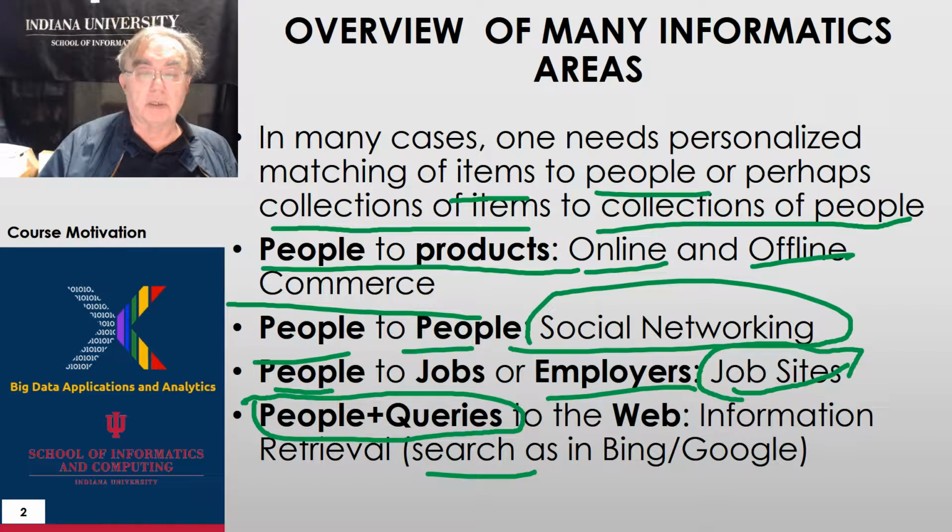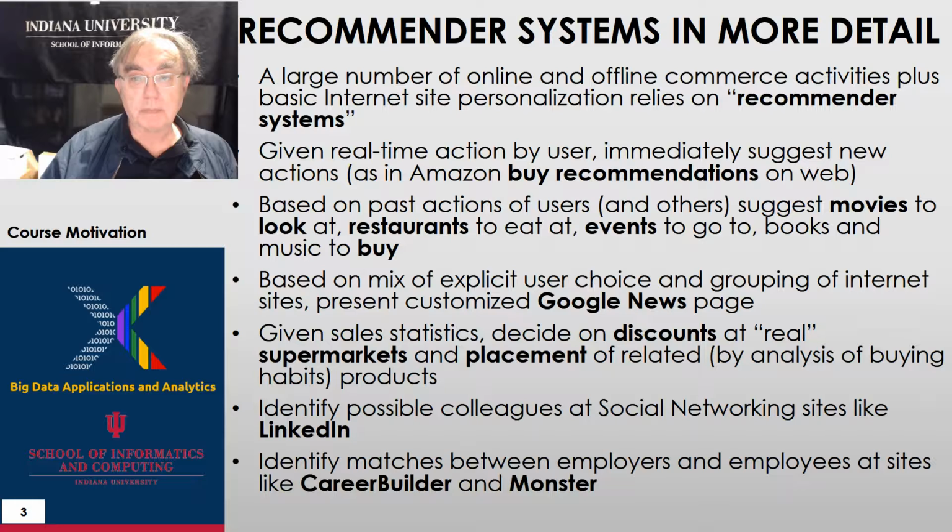So all of these are effectively recommendations. You're given an initial query, whether it's the name of a person or the name of a product. You want to find related things in another space. It'd be the space of things to buy, the space of people to know, the space of jobs to apply to, and so on. So that's recommender systems.